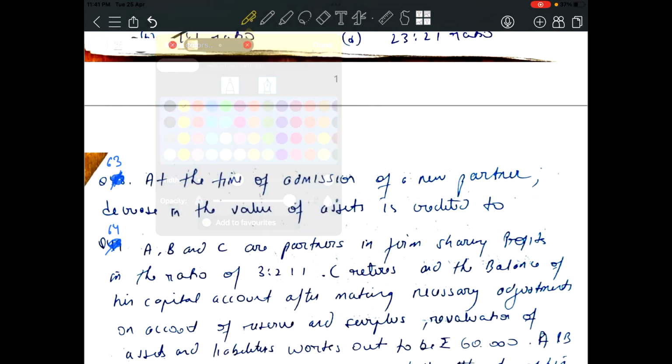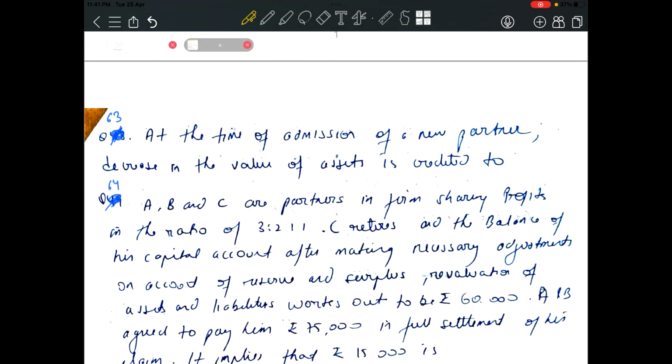Now let's move to question number 63. At the time of admission of a new partner, decrease in the value of assets is credited to, in which account is it credited?